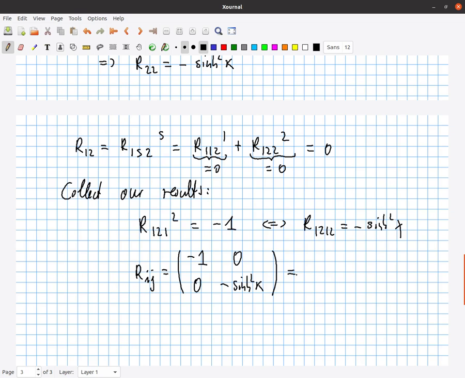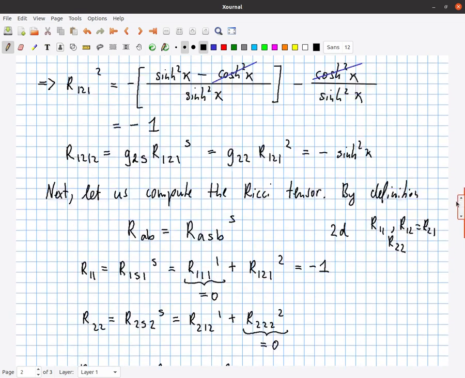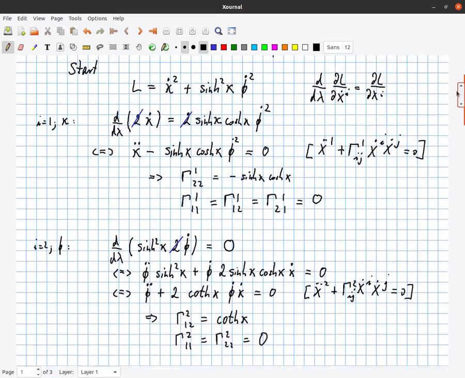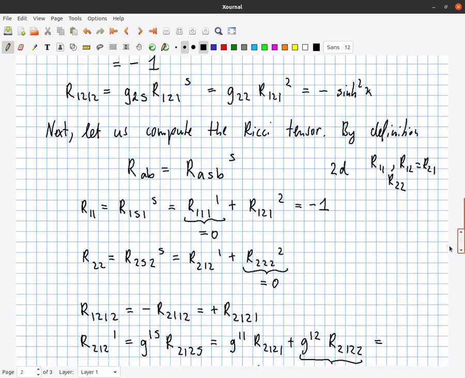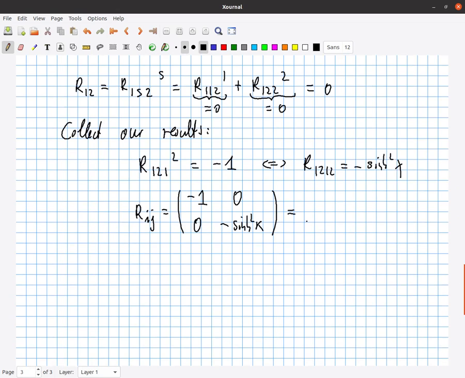And if we compare this with the metric we denoted up here, you all of a sudden see that this is a very special geometry. Namely, the Ricci tensor is proportional to the metric.